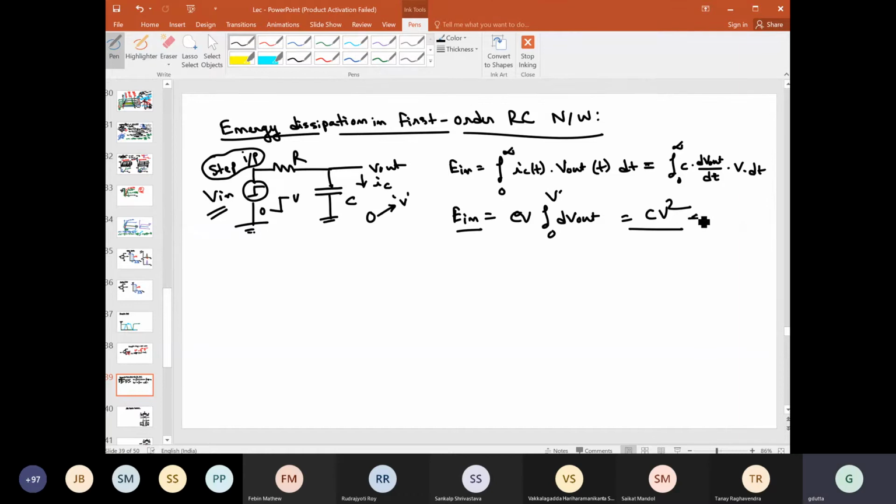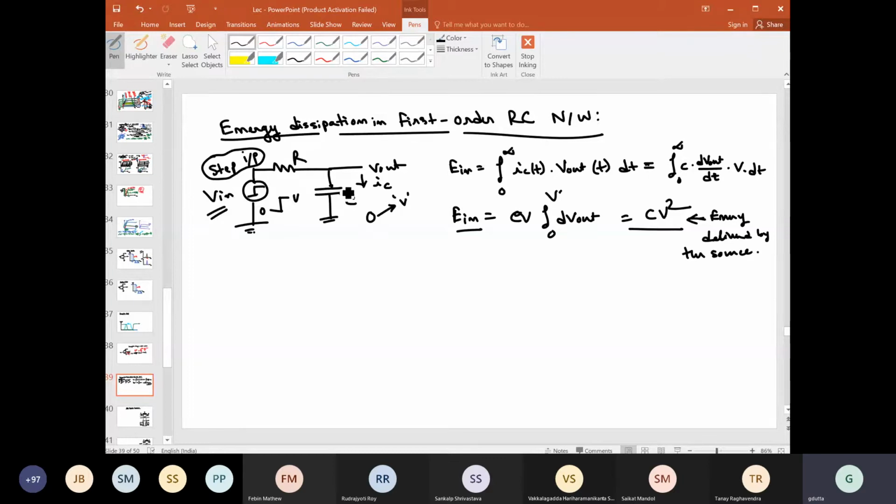So this is the energy delivered by the source, right? Out of this CV square, what will be the amount of energy that has been stored in this capacitor? Let us try to find that out.